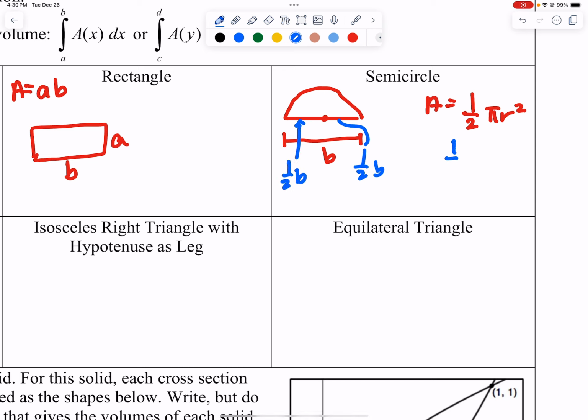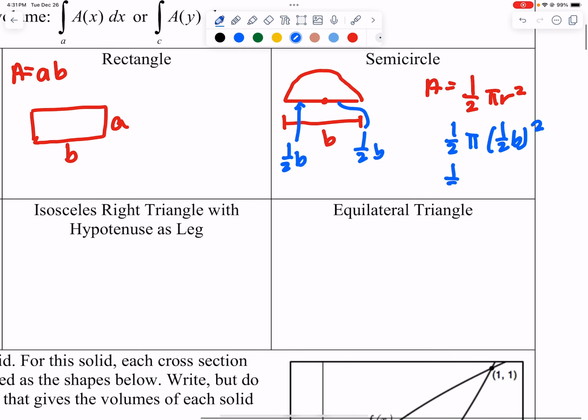So if your radius is 1/2 b, then you're going to have 1/2 pi, 1/2 b squared. And if you were to clean it up a little bit, you're going to get 1/2 pi times 1/4 b squared, or 1/8 pi b squared.